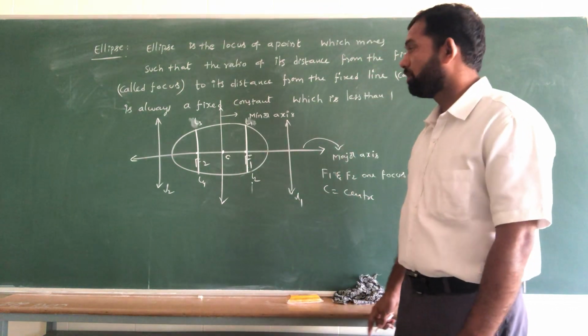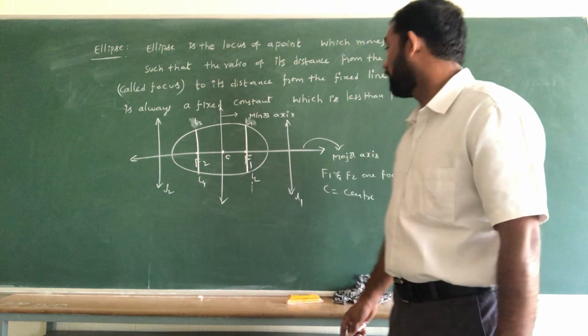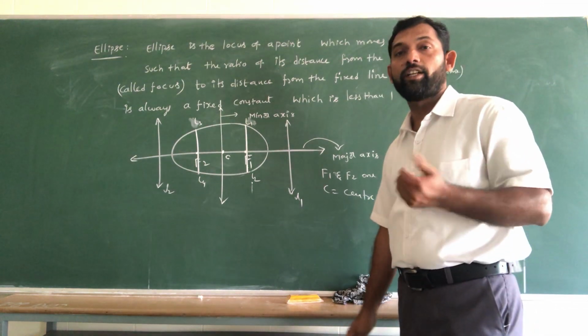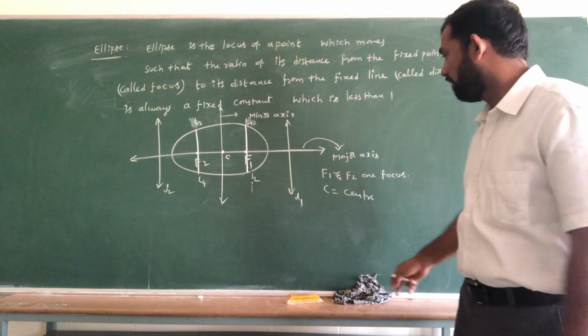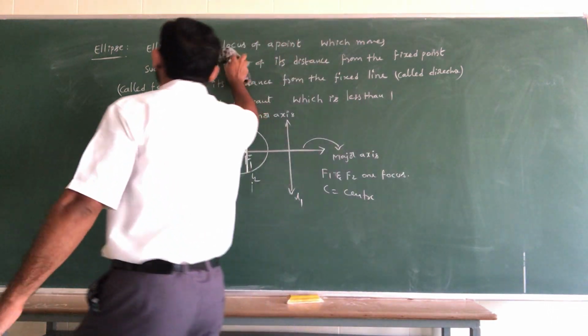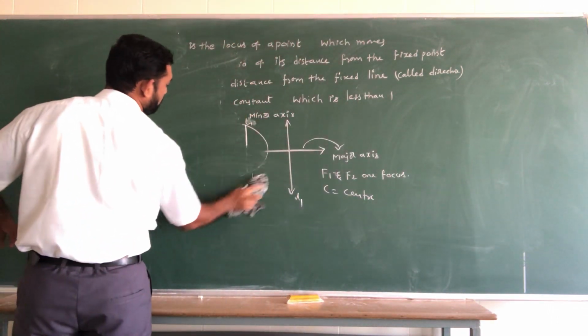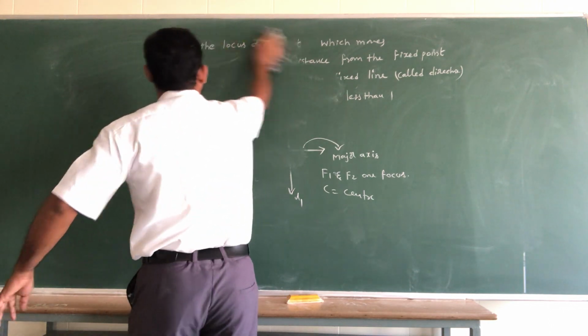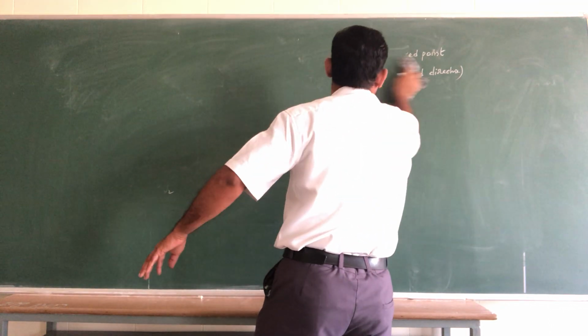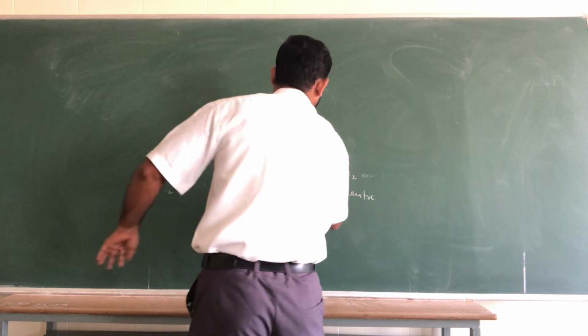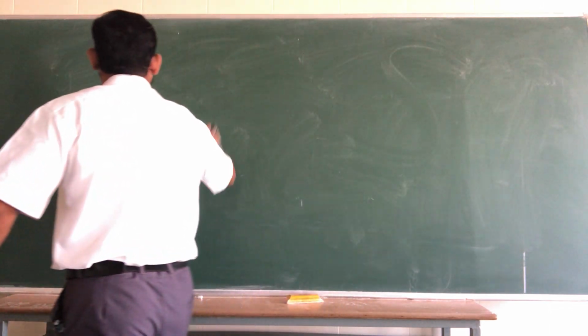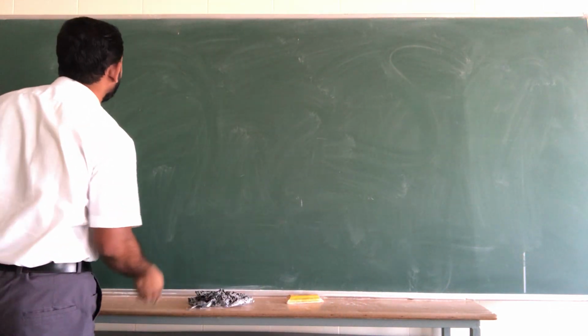Okay? So what is the equation of the ellipse? Then how many types are there? Then directly I will give. You have to see, next to the diagram, that equation.